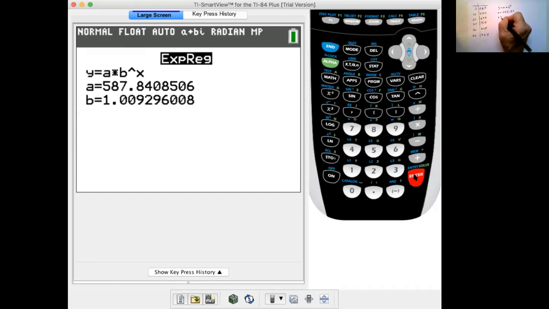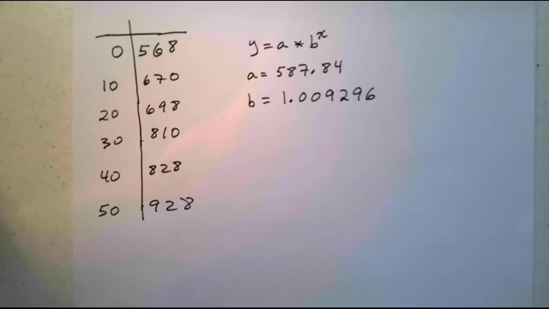B is 1.009296. Keep a whole bunch of decimal points there. If you round too early, the error propagates. So Y equals A times B to the X. A is 587.84, B is 1.009296.